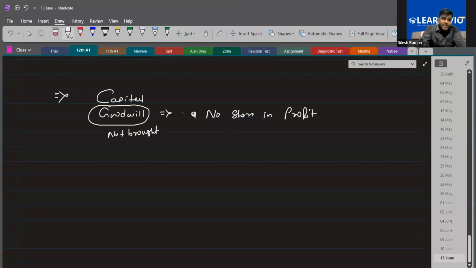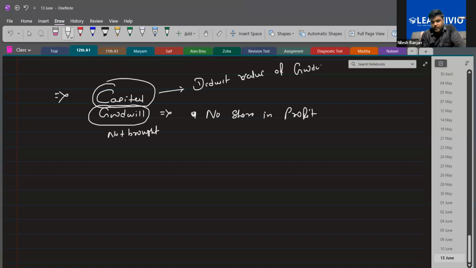Now, if he is not bringing goodwill because he doesn't have enough money right now, what we will do is, from the capital he is bringing, we will deduct the value of goodwill to be brought. We will calculate the value of goodwill to be brought by the new partner, and it will be deducted from his capital.